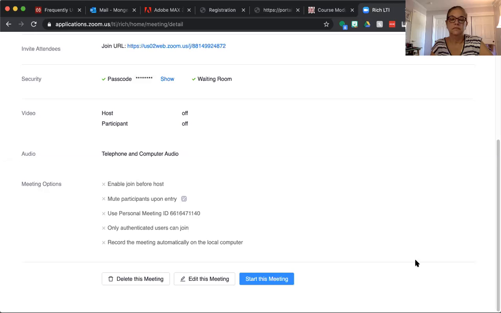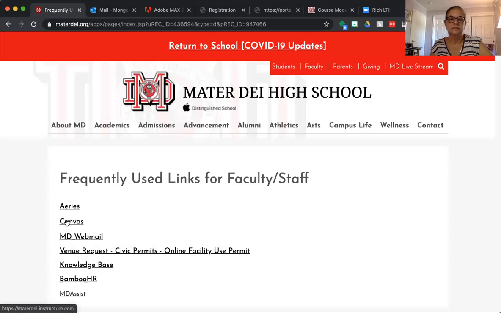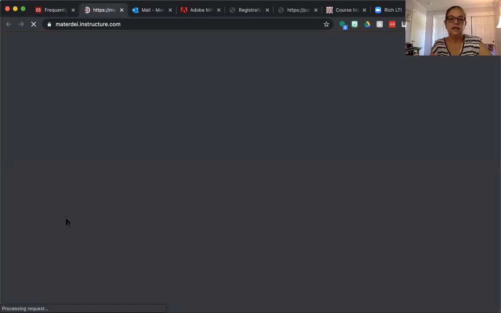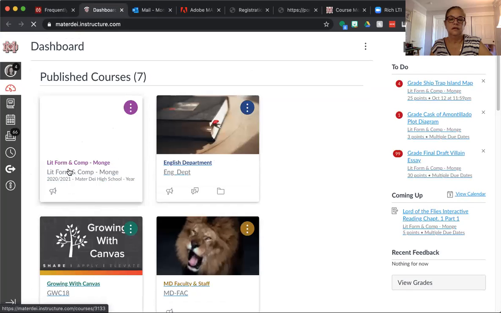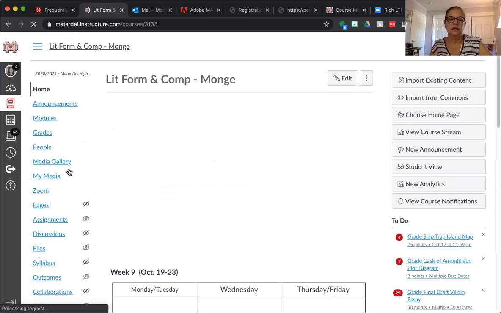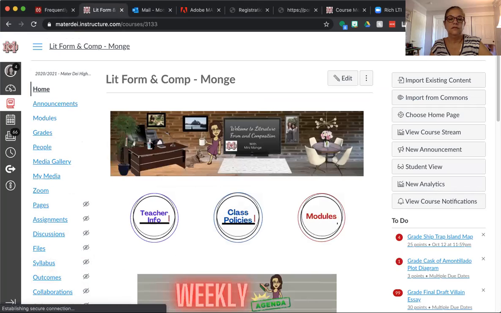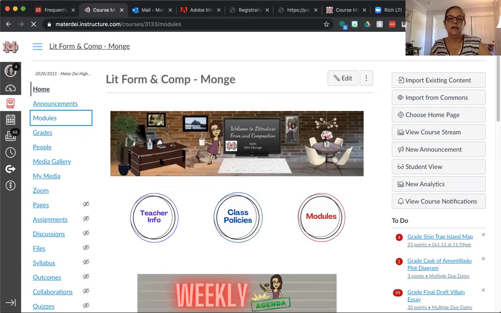Okay, so let's look at the module so that you know where to find stuff, okay? In the module, this is not the right thing that I wanted to find, but that's okay. In Canvas, in modules, you'll find a new module, Lord of the Flies.